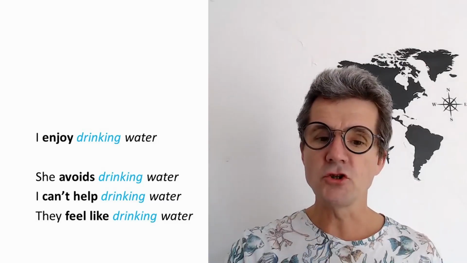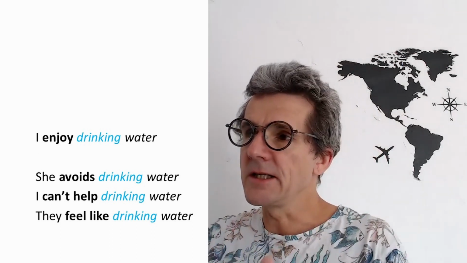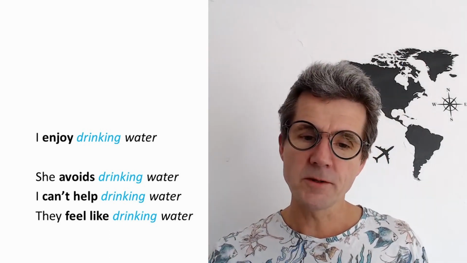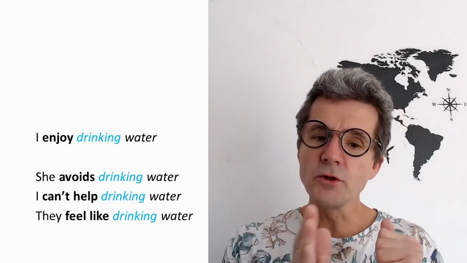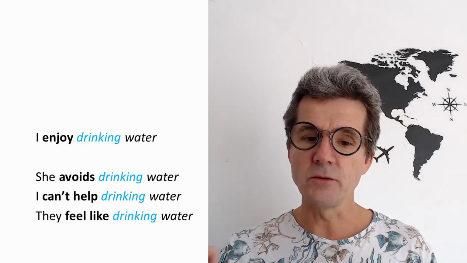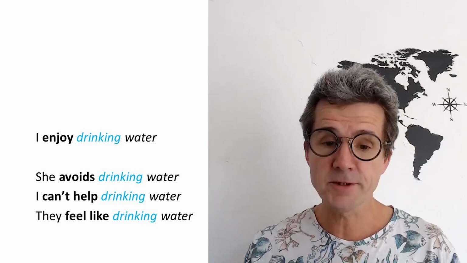I enjoy, blah, blah, blah. I enjoy drinking water. So enjoy is one of these verbs that needs a type 4 afterwards. And notice that it comes straight afterwards. There's no words in between. I enjoy drinking water.